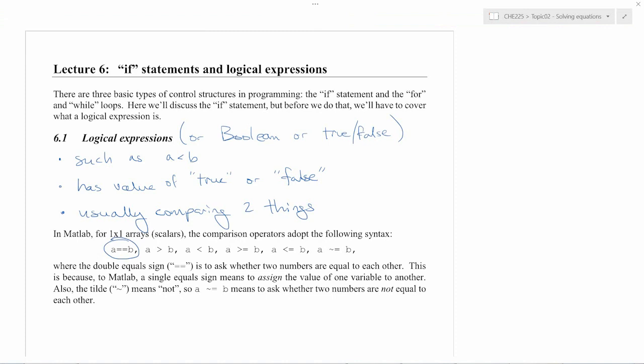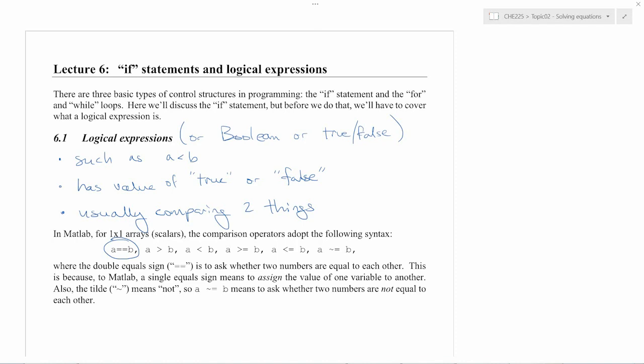Equals equals. A equals equals B. That's asking the question, is A equal to B? And the reason why you have to do it that way is if you say A equals B, that's telling Matlab something different. That's telling Matlab take the value of B and put it into the variable A. Right, that's assignment. So this is the Boolean question, is A equal to B?